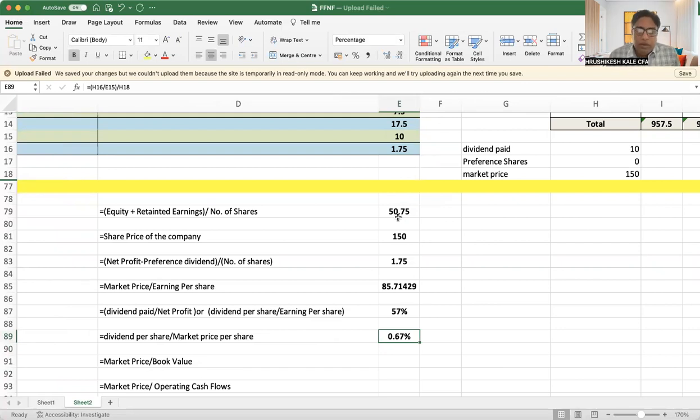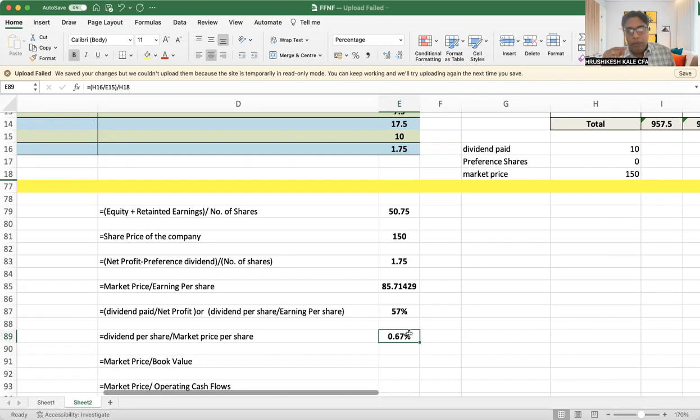Now, dividend yield tells me how much return you are going to get as dividend when you compare it with the market price. So, if you invest 100 rupees as a market price, then you will get 0.67% as dividend.